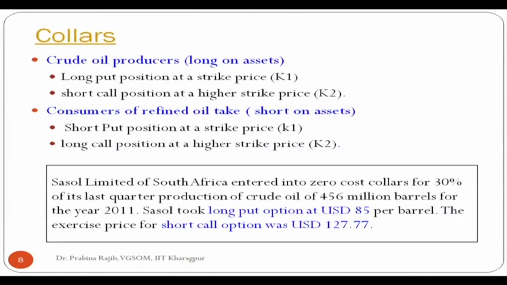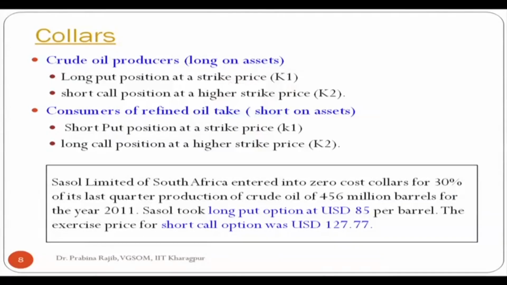So normally in an option market, it would have taken a long call position, and with the long call position it has to pay a premium. But if the company decides not to pay premium or to reduce the premium outgo, it can enter into a short put position at a strike price of K1. So in this case the long call strike price will be higher than the short put strike price of K1.